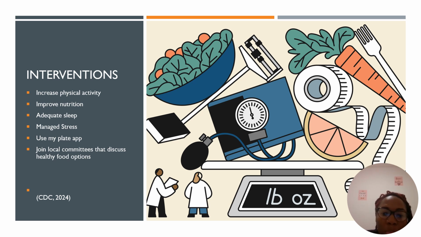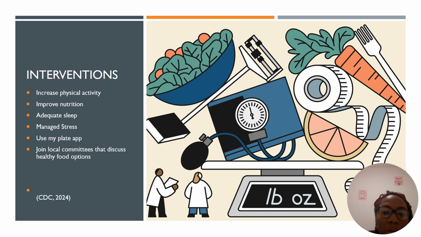Use the My Plate app. My Plate has an app that you can download on your phone, or you can go online daily and look at food options. You can plan breakfast, lunch, and dinner. You can plan a snack. They have all types of planning available, healthy plate options that you can use to prevent and reduce obesity. Some people need some type of motivation to help them with obesity.